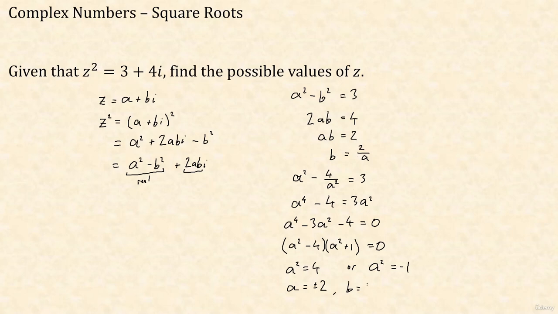And if a is -2, b is -2. So my solution is either a is 2 and b is 2, or a is -2 and b is -2. So the possible values of z are 2 plus 2i, or -2 minus 2i. Those are the two square roots of 3 plus 4i.